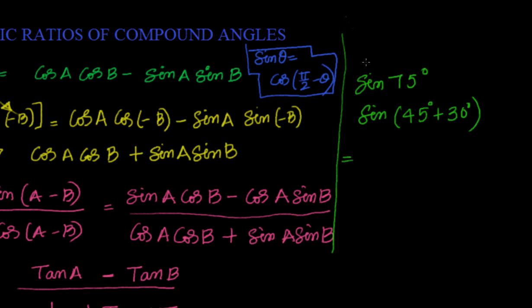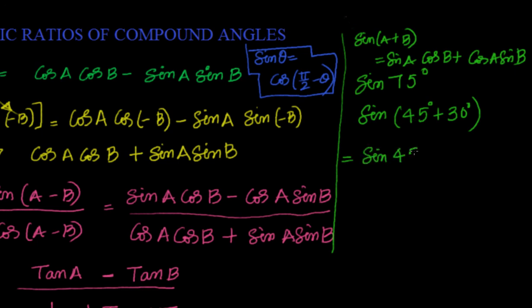The formula is sine of a plus b equal to sine a cos b plus cos a sine b. So here a is 45, so I will write sine 45 cos 30 plus cos 45 into sine 30.